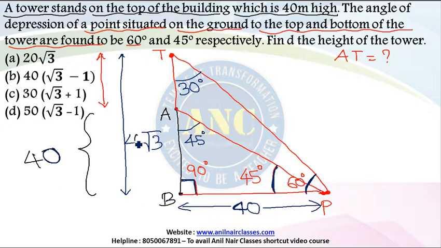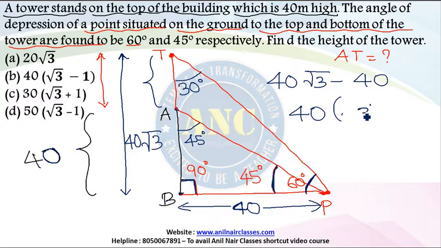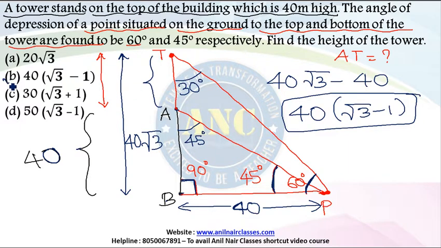Root 3 also multiply by 40. That means this entire thing is 40 root 3. This only from A to B it is 40. That means from A to T it is the subtraction of those two: 40 root 3 minus 40. 40 common, it is root 3 minus 1. Very easy, sir. These are all very, very easy questions by practice.